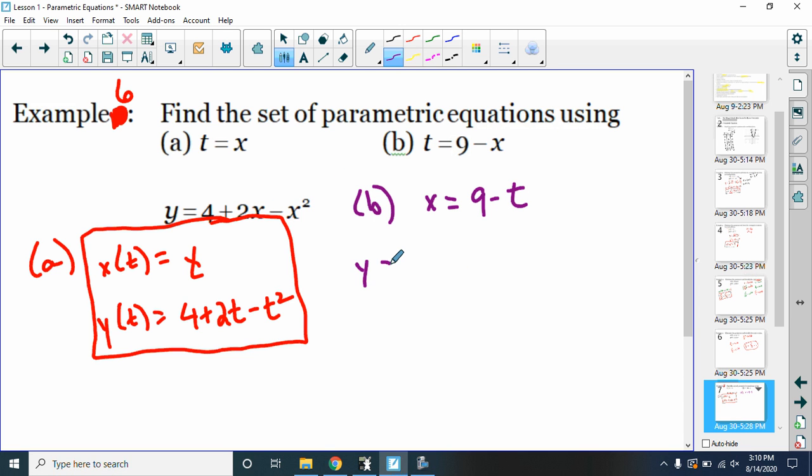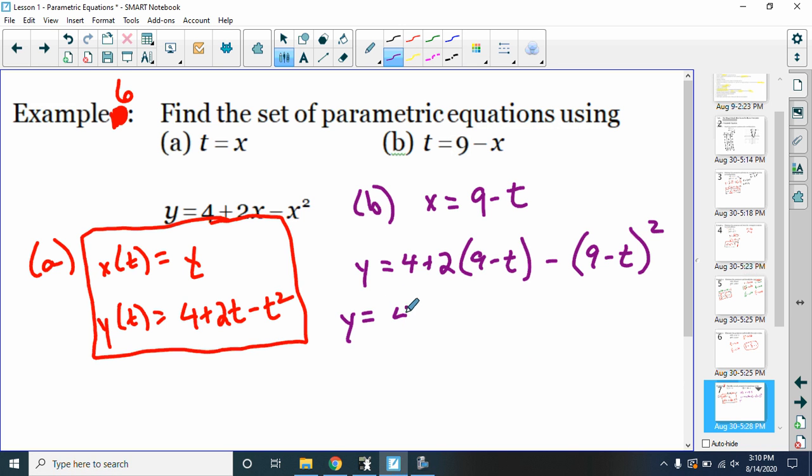So it's going to say y equals 4 plus 2 times x, x is 9 minus t, minus x squared. And then it's just a simplifying game. Distribute your 2. Square this. Uh-oh.